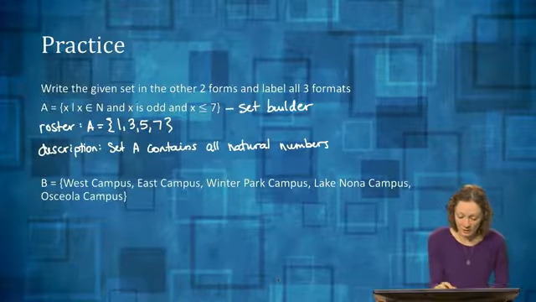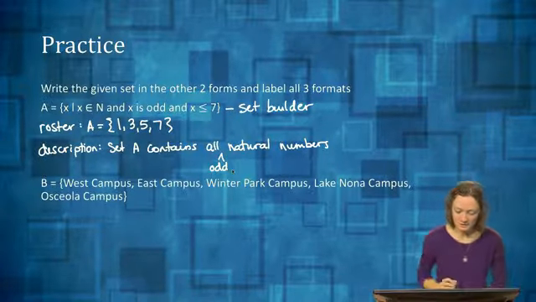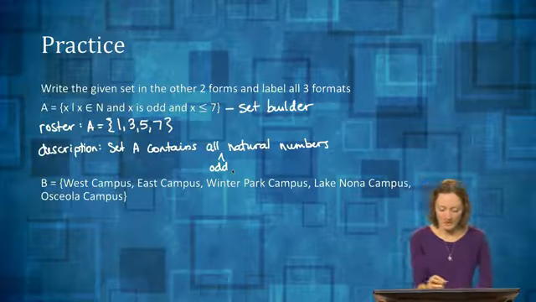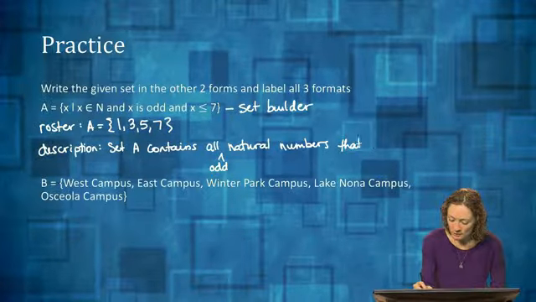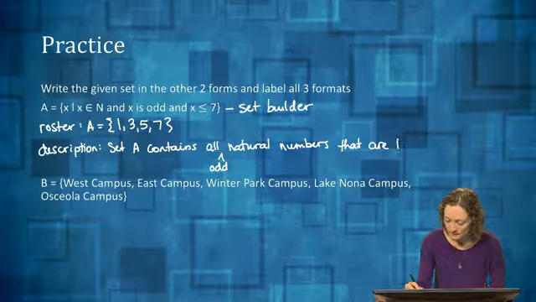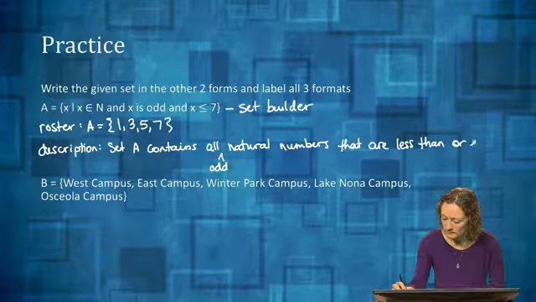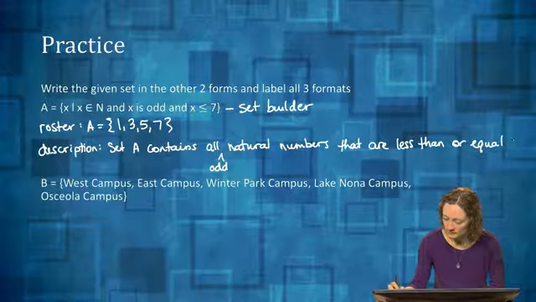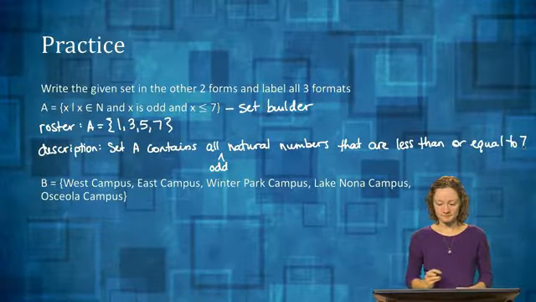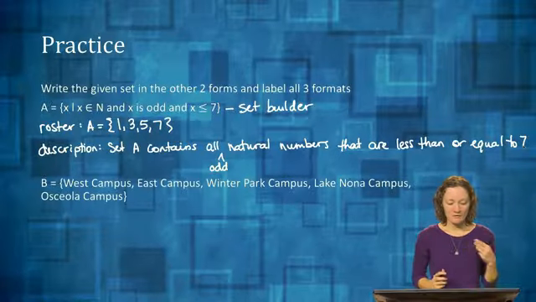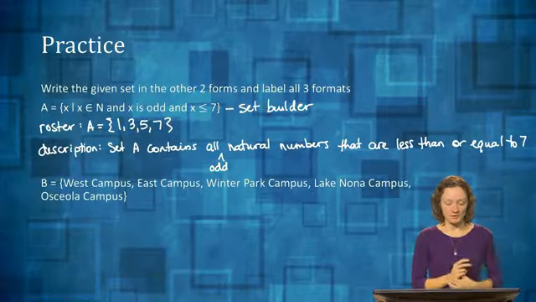You could even say all odd natural numbers. That hits 2 of them already, that are less than or equal to 7. All right. So we have all three: set builder, roster, description for that first example.